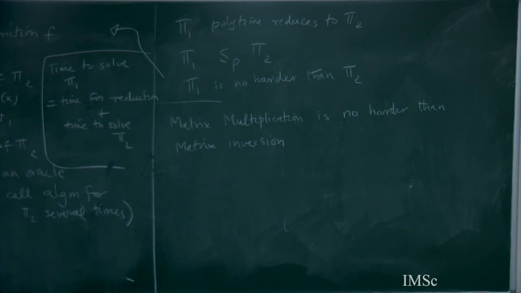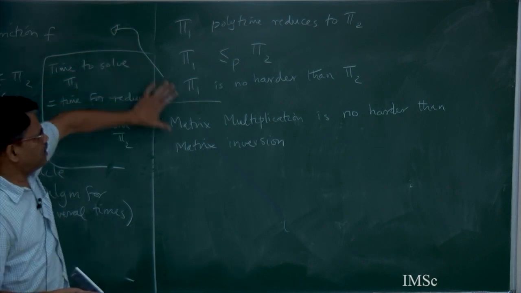You have two n by n matrices, you want to look at the time to multiply these two matrices, and I want to argue that this is no harder than the time you need to invert an n by n matrix. It is intuitively clear because multiplication seems like an easier problem than inversion, but how do I formally prove this?